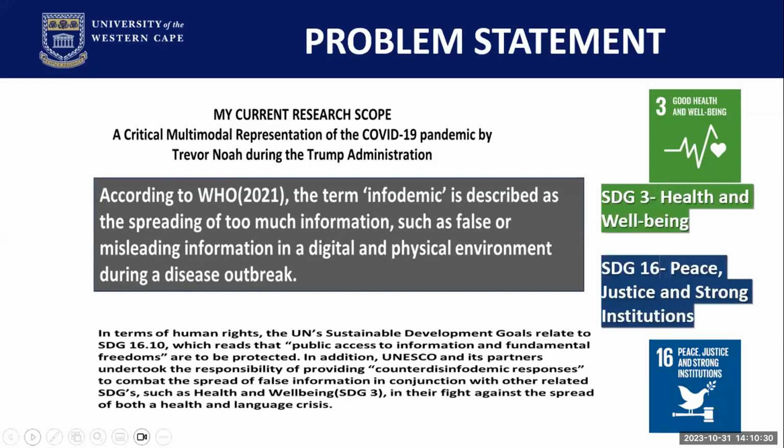When discussing the UNESCO and UN Sustainable Development Goals, it relates to the following. SDG 16.10 reads that public access to information and fundamental freedoms are to be protected. In addition, UNESCO and its partners undertook the responsibility of providing counter-disinfodemic responses to combat the spread of false information in conjunction with other related SDGs such as health and well-being in their fight against the spread of both a health and language crisis.